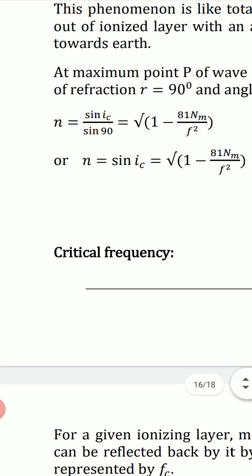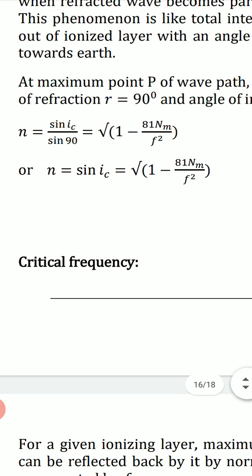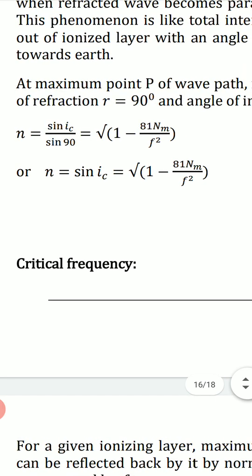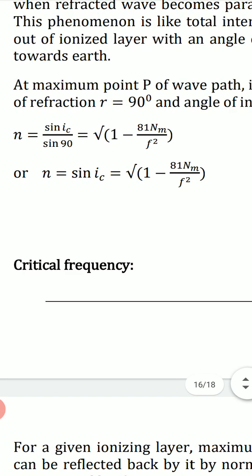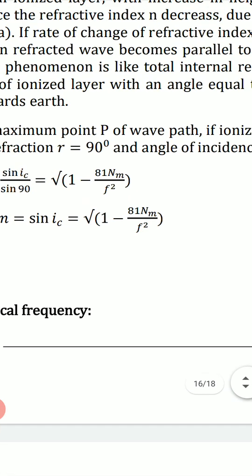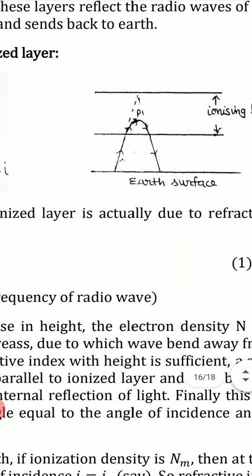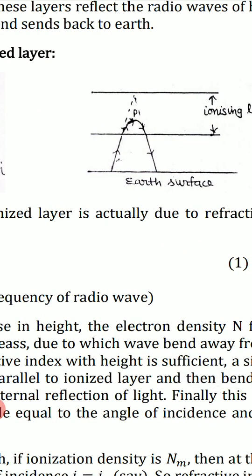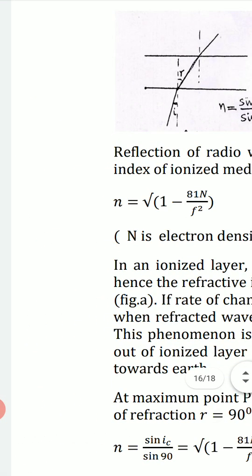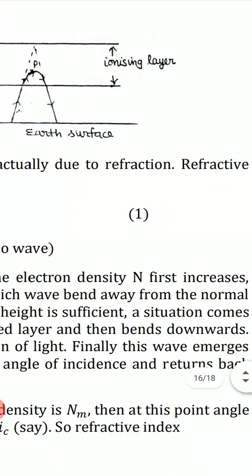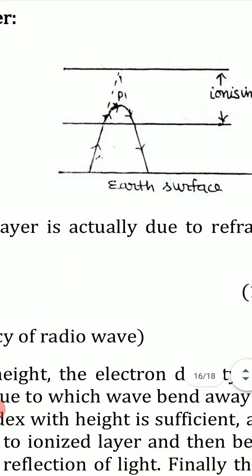Then this n is equal to root 1 minus 81 Nm upon f square. We write Nm for N, since it is the maximum value of N at this top point P. So at this top point P, capital N is Nm, the maximum value of electron density or ionization density, and at this point P, R is 90 degrees, I is IC.